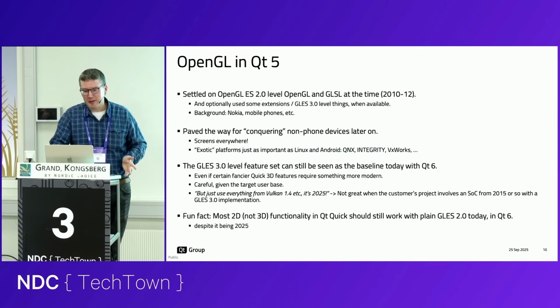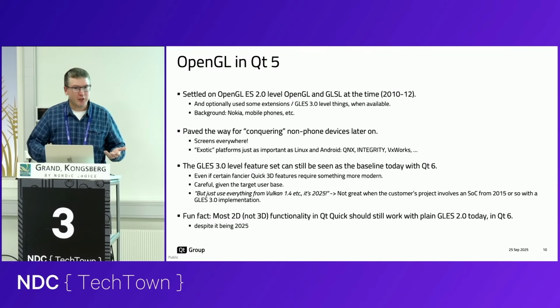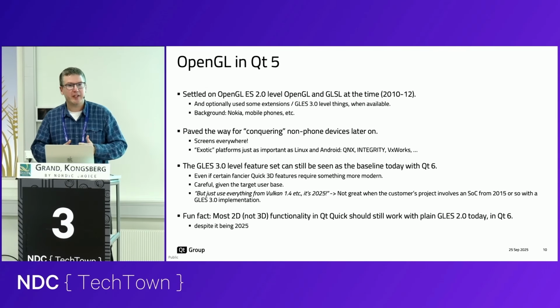Okay, this is all great, but of course to put it into perspective, using and really building directly on OpenGL was an excellent choice, right? Because in 2009, 10, 11, some of you might remember that Qt was a part of Nokia, and the focus was on mobile phones. And at the time, of course, one of the big things was OpenGL ES 2.0.